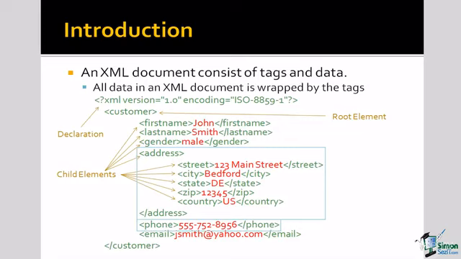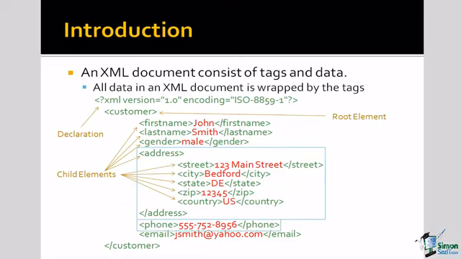So here's an example of an XML document, a simple XML document describing customer data. The very first line in any XML document, that is the first line before any white space, must be the declaration.